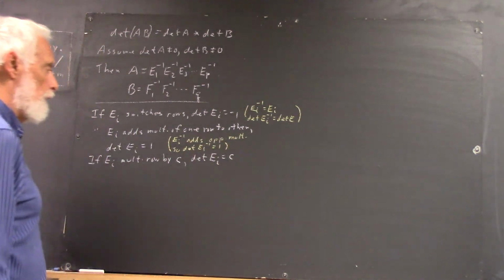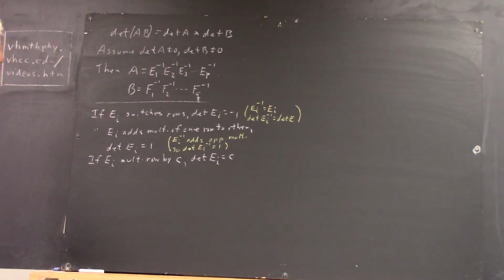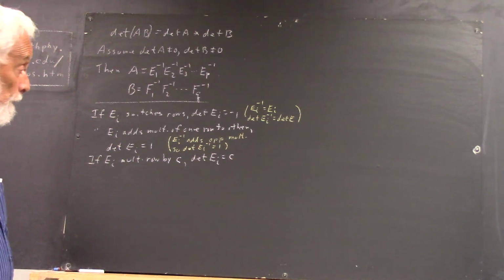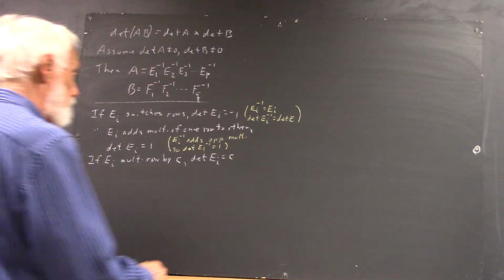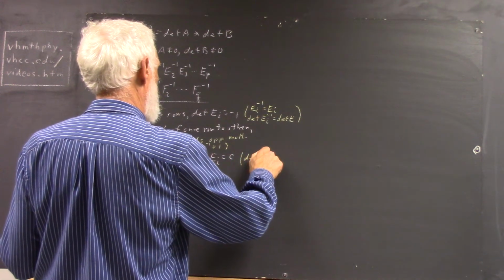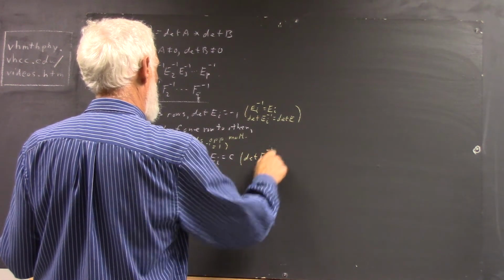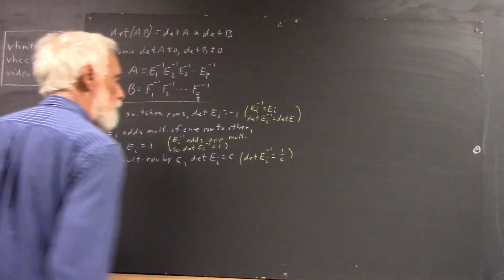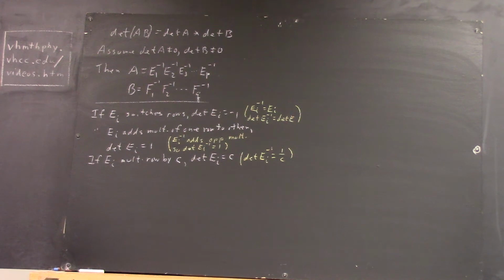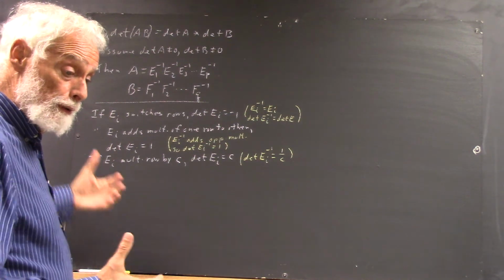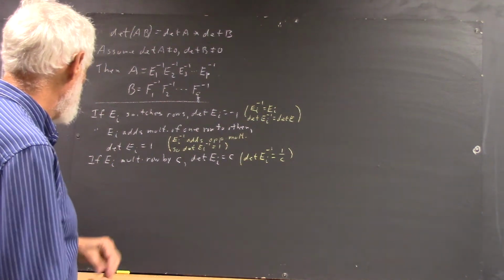So the determinant of the inverse matrix is 1. What undoes multiplying a row by C is multiplying it by 1 over C. So the determinant in this case of E I inverse would be 1 over C.